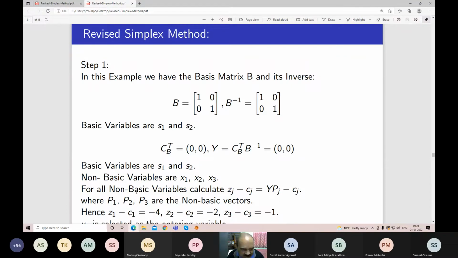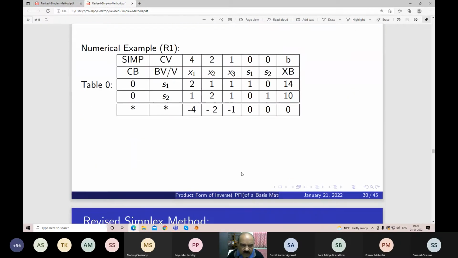For all the non-basic variables, calculate Zj minus Cj, which equals y into Pj minus Cj. The y vector is the row vector 0, 0.